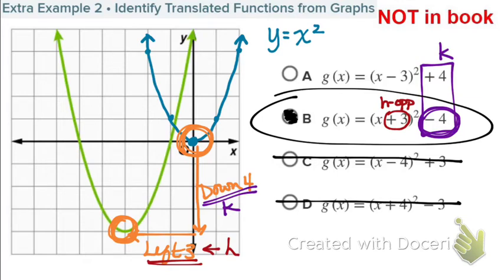I can set this equal to 0 to see it happen. X +3, set it equal to 0. I would subtract 3 from both sides. X equals -3. There's my H. That tells me left 3. So far, so good? We've got one last thing to touch on.